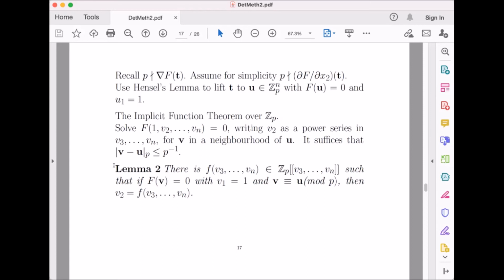So here's a formal statement of that in slightly different language. There are power series in v3 to vn with integer coefficients such that if f of v is equal to 0 with leading coefficient 1 and v congruent to u modulo p, then v2 is given by this power series.